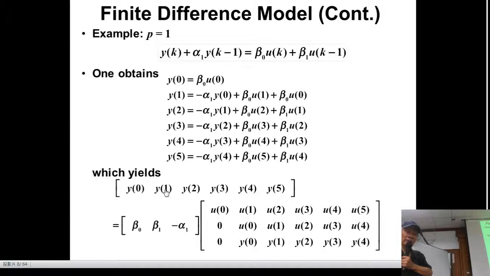So y1 will be beta 0 u1, then beta 1 u0, and then minus alpha 1 y0. Then y2 will be this times the third column, and y4, y5 are the same thing. So we form this kind of matrix, which is just for p equal to 1.